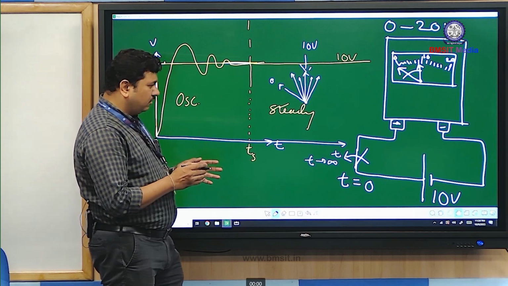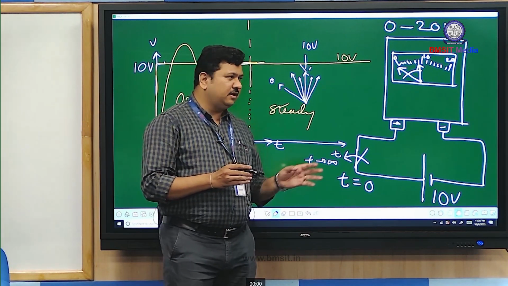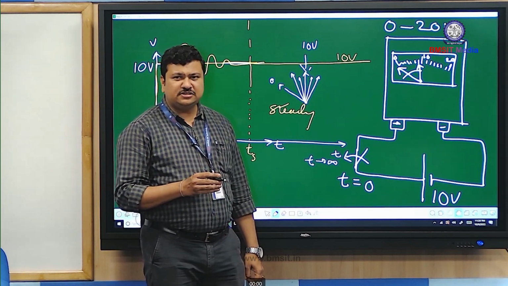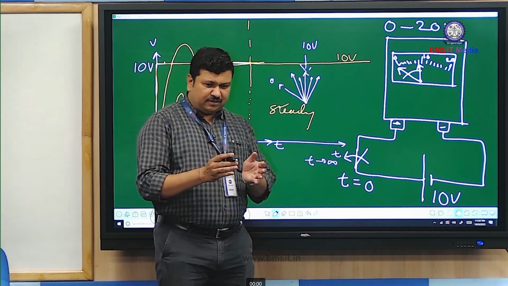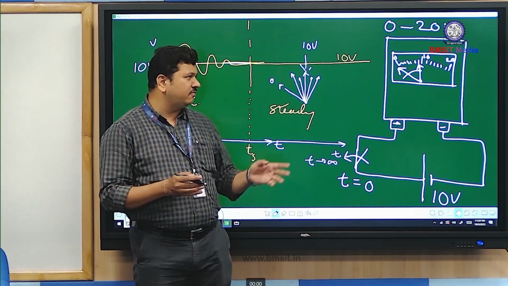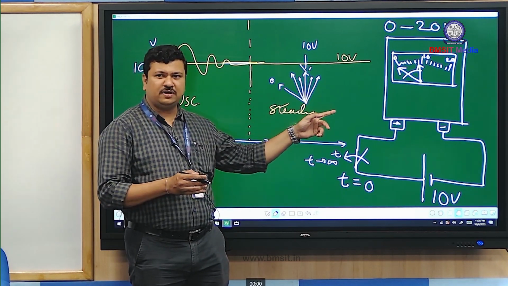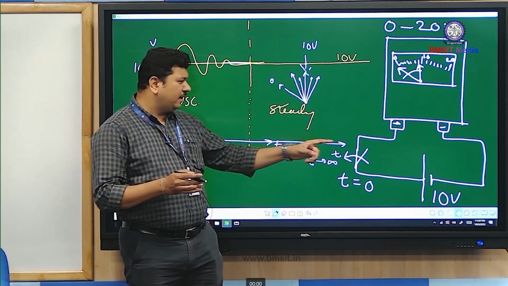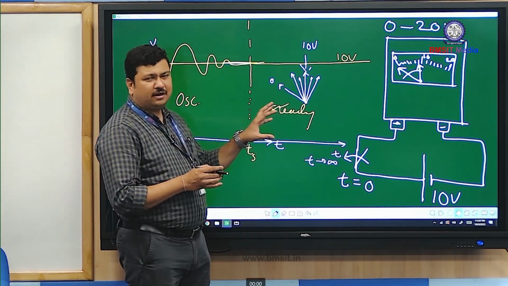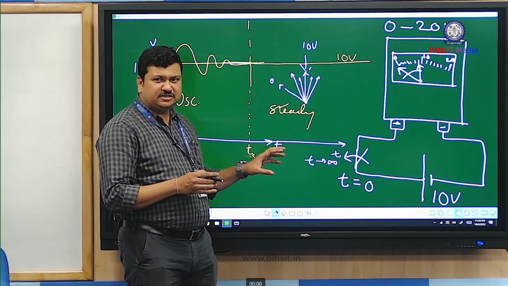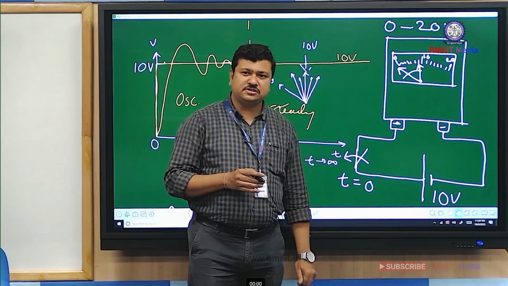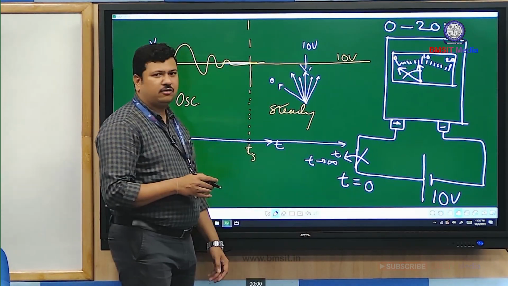Now, if I have to analyze the operation of the voltmeter, then I can say that the voltmeter is an instrument that gives the response in the form of a meter or pointer deflection corresponding to the value applied to its terminals. If I analyze this particular plot, this voltmeter has got two responses in its final output.